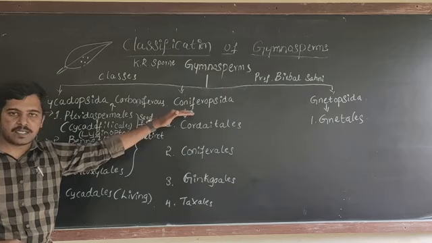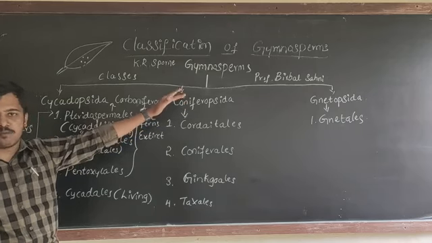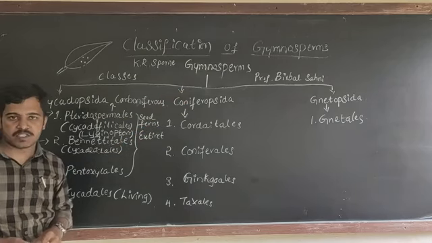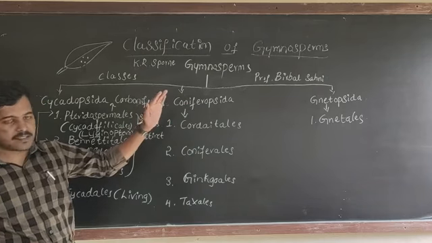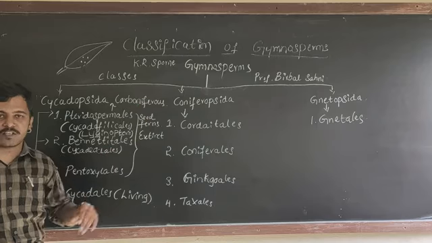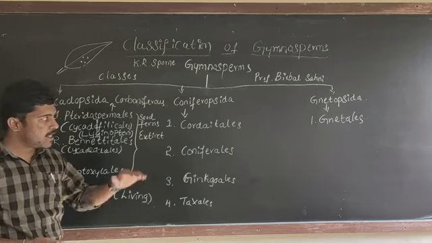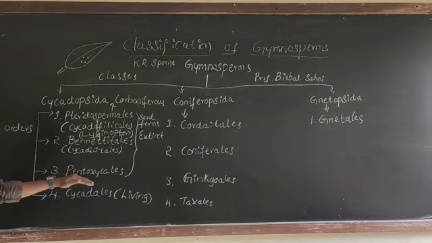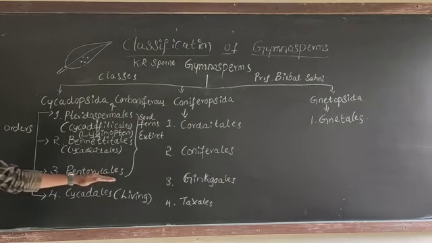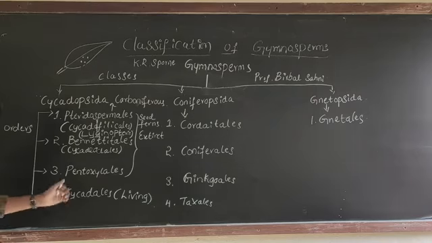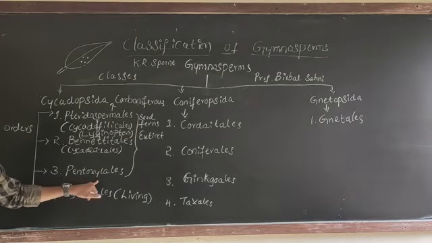Paleobotany is a branch of botany which deals with the study of fossils. So Birbal Sahni was the first one who discovered this order Pentoxylales. And these Pentoxylales are also extinct.